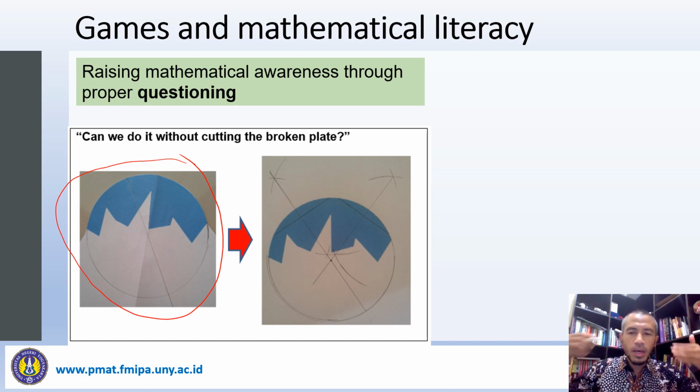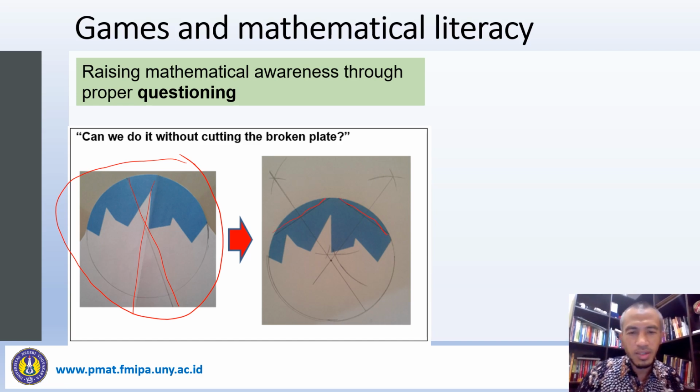So the students were thinking about the strategies to construct these 2 lines without cutting and folding the papers. And then at the end, they get the idea of arc and segment here.